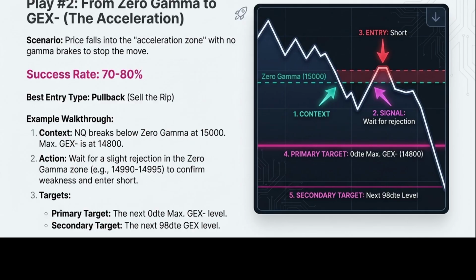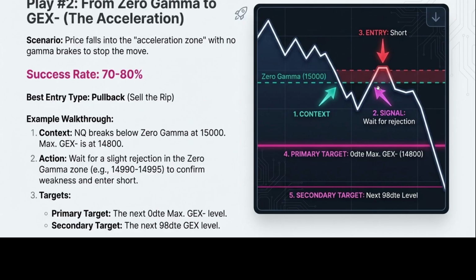Here the success rate is similar to play 1, 70 to 80 percent. The best entry here is to take a pullback. In this case, sell the rip when price breaks down the zero gamma and makes a little pullback to the zero gamma, and you can take a position when you see any other confluence information, as I explained in play 1.